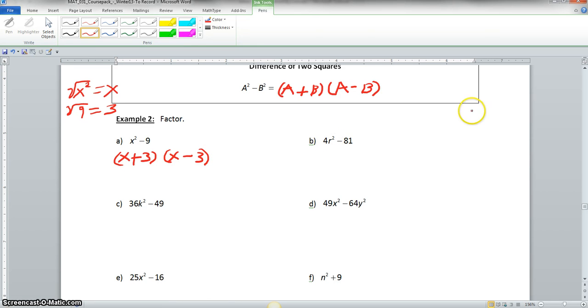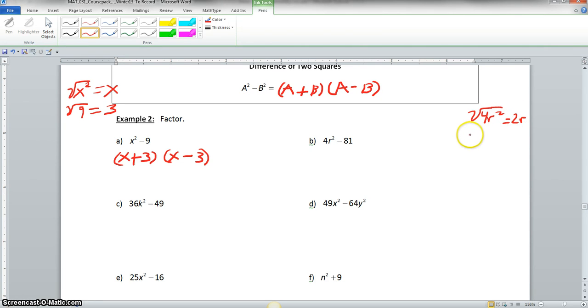Now we come here. We can go off to the side. The square root of 4r squared. I hate when this happens with these 4s, but let me get this back going here. Okay, so we have the square root of 4r squared, which we know would give us 2r.